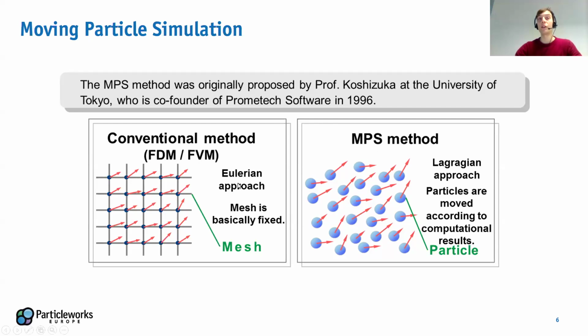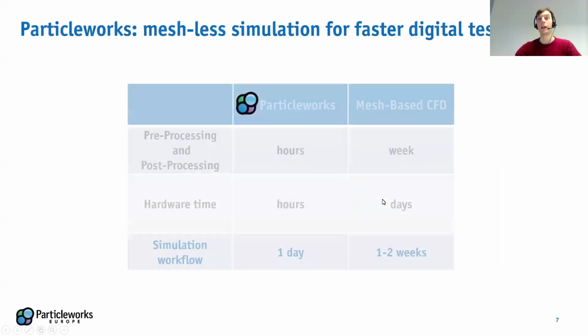With moving particle simulation, the computational nodes that were conventionally this type of grid are actually the particles themselves. So at the beginning of the simulation, the software automatically creates this Lagrangian dynamic computational mesh, where we solve the computational fluid dynamics equations. So it's a meshless approach, automatically computed and handled by the software.